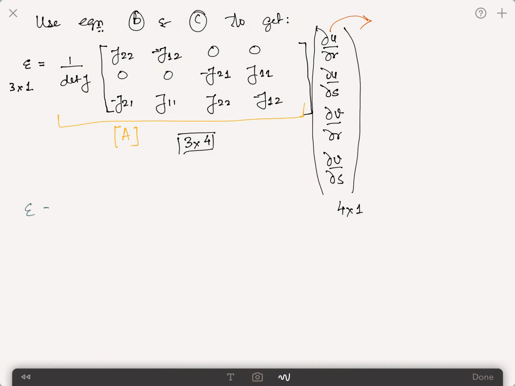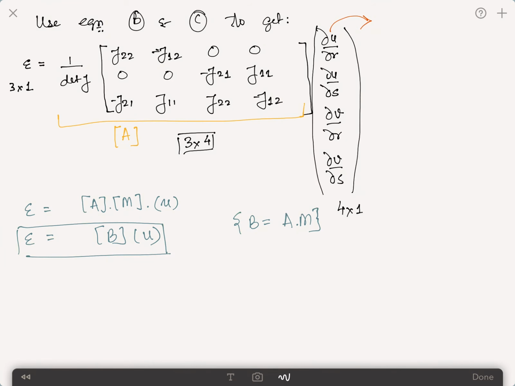If I want to write this as A times M times the degrees of freedom U, I can also write this as B times U. So B is actually equal to a product of matrix A and matrix M. So my final relation, therefore, is epsilon is equal to BU, where you will be easily able to find out what is B by finding out what is the Jacobian and then what is the relation between the partial derivatives of displacement with respect to natural coordinates and the relation with respect to the degrees of freedom.